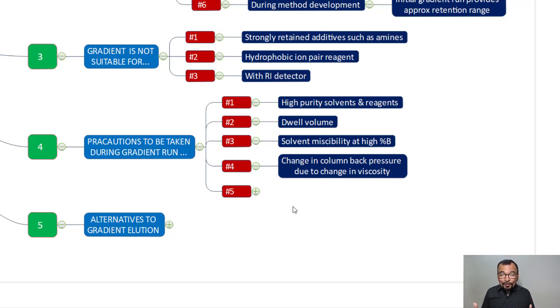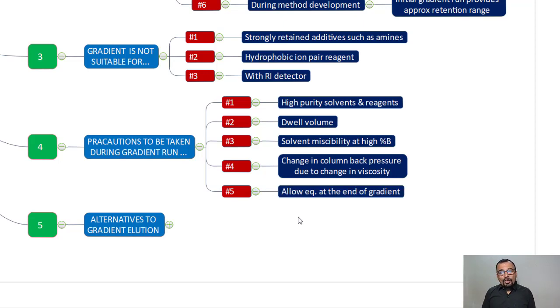So understand whether at the highest possible gradient proportion of solvent B, your back pressure remains within the acceptable range of your HPLC operation. Does it still remain low enough that it is not going to disturb the life of your HPLC column? So understand the back pressure of the entire gradient run, and you can even monitor that.